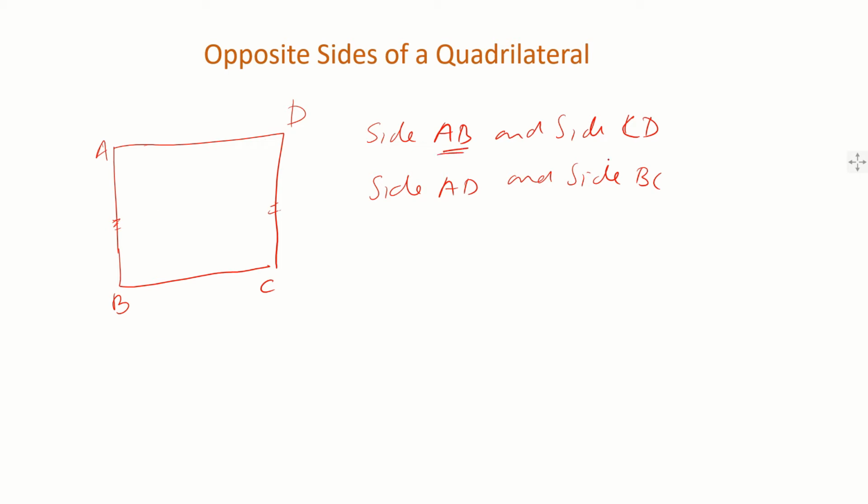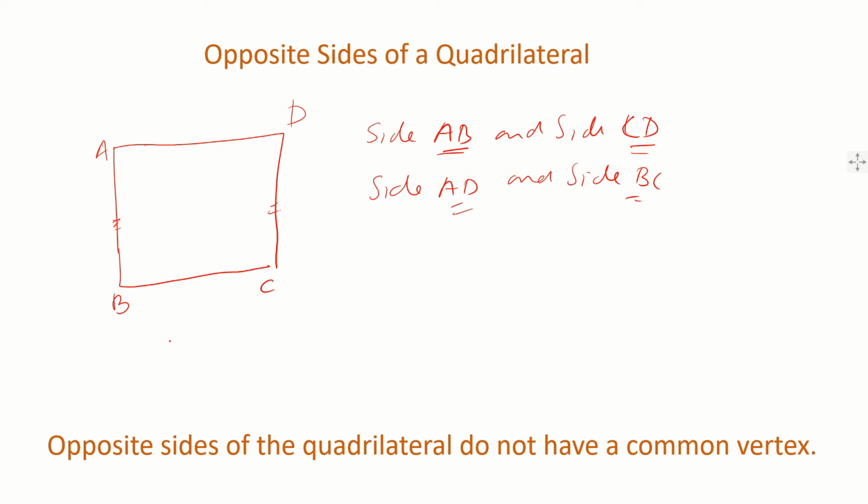There is nothing common. AB है तो ये CD है, AD है तो ये BC है. So what we would say? When we consider opposite sides of a quadrilateral, they do not have a common vertex. Understood? Adjacent sides will be having common vertex. Opposite sides of a quadrilateral will not be having a common vertex.